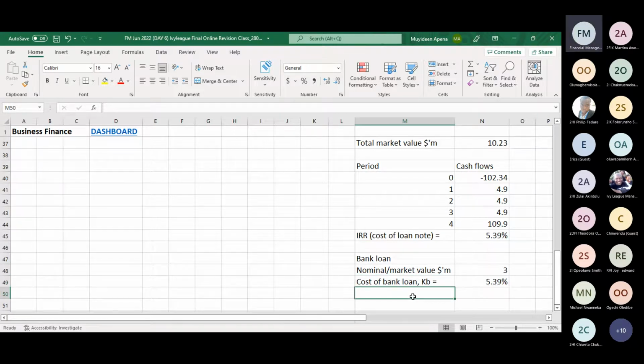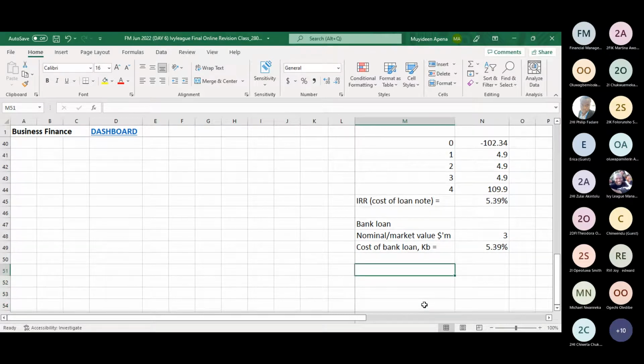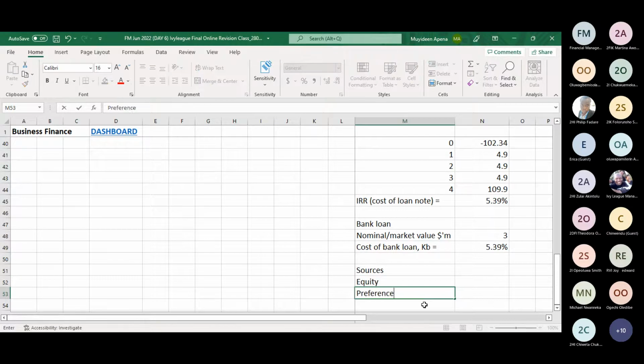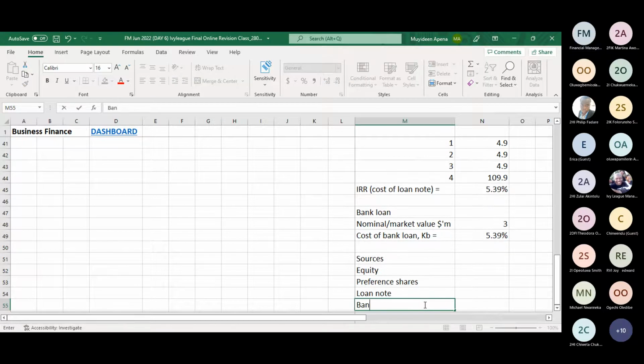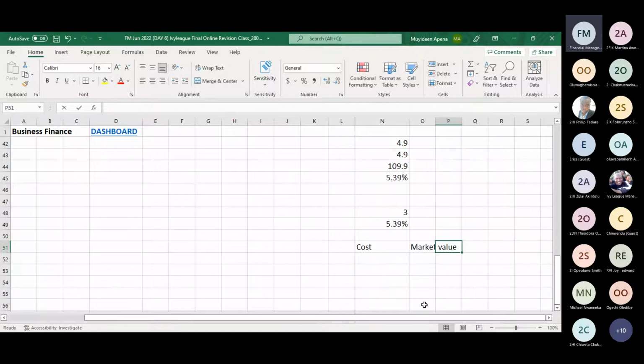So having got all the values we have, we can calculate WACC. Equity, preference shares, loan notes, bank loan; the cost of the instruments, market value of the instrument, the weight of value, and then the weighted cost.